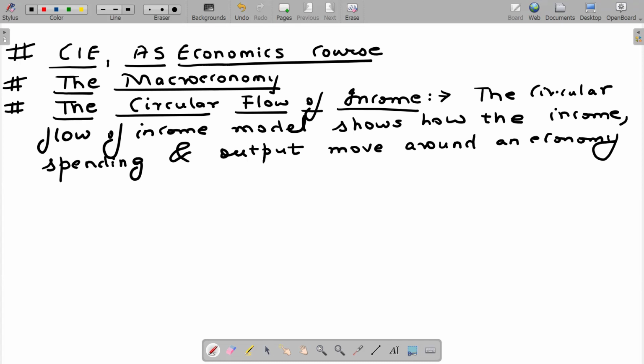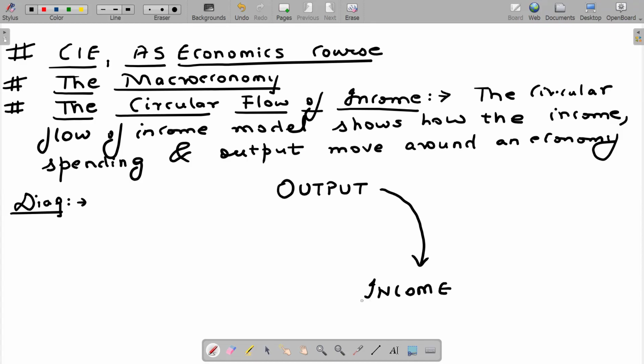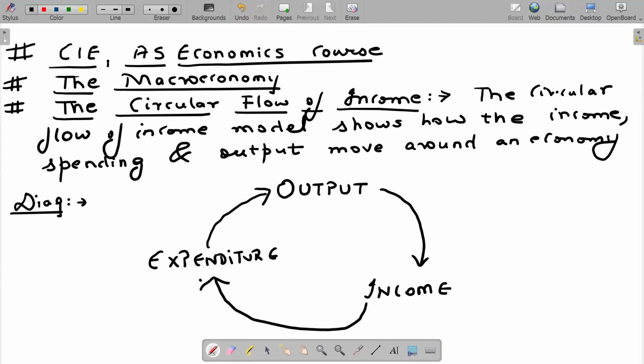Okay, so I can make a diagram indicating the simplest model of circular flow of income. Whatever output is produced in the economy generates equivalent amount of income, which in turn generates equivalent amount of expenditure, assuming that there are no savings in the economy. So whatever you are earning, you are spending the entire income on buying that output. So it's like a circular flow.